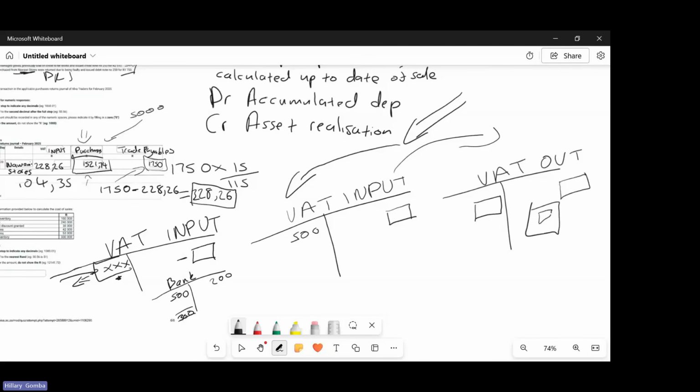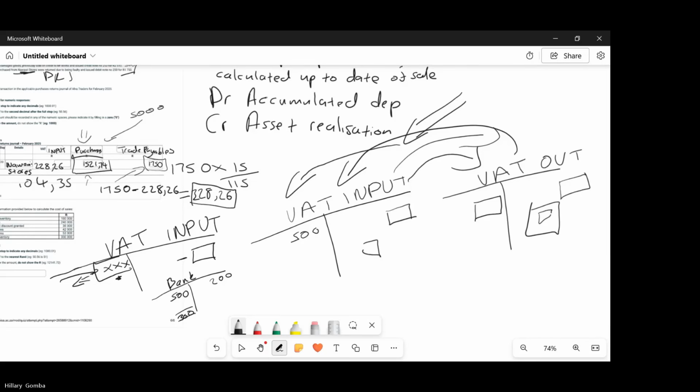So that's why it jumps to the other opposite account. Even if it was a sale and you gave a discount, now the company itself is the one responsible for paying that VAT. So that's why it jumps from output to input.